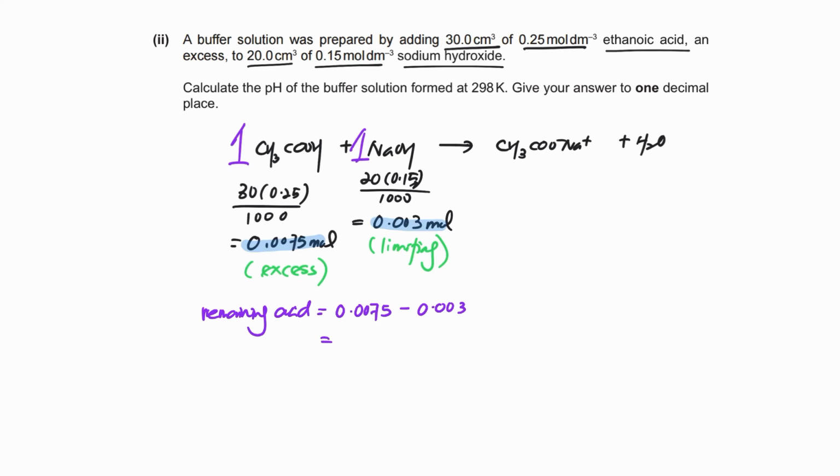The remaining ethanoic acid will be 0.0045. Since it is a 1:1 ratio, 1 mole of ethanoic acid will react with 1 mole of NaOH in order to form 1 mole of salt. So if we have 0.003 moles of acid reacting with 0.003 moles of NaOH, there will be 0.003 moles of salt formed.